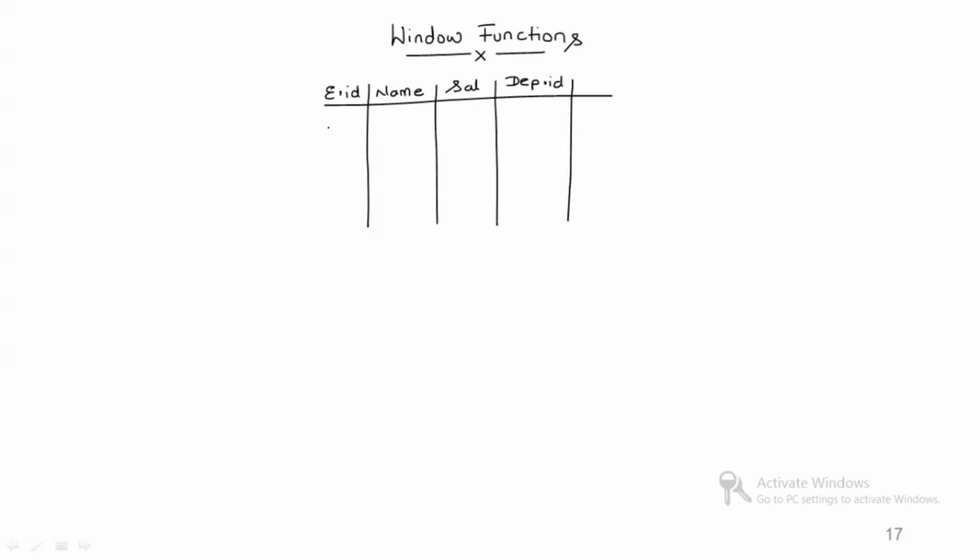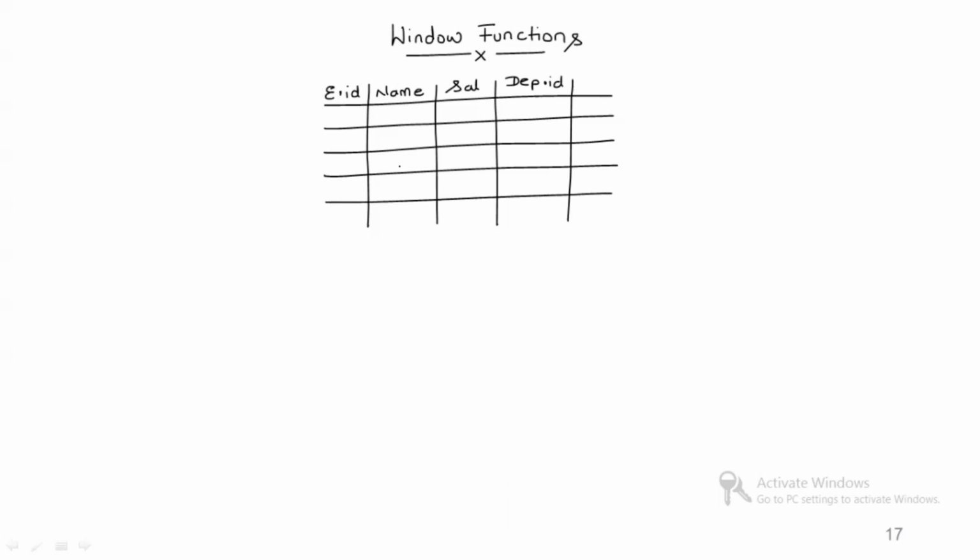It has some records, 1, 2, 3, 4, and let's fill this with some random data: 01, 02, 03, 04, 05, AA, BA, CK, DM, NK, and 10, 12, 11, 15, 10, D1, D2, D1, D2, D3.